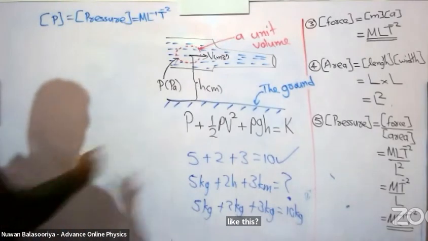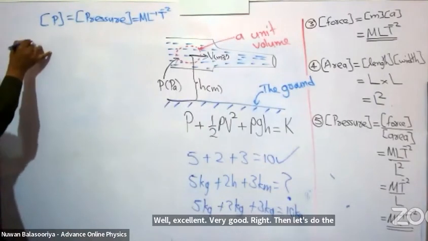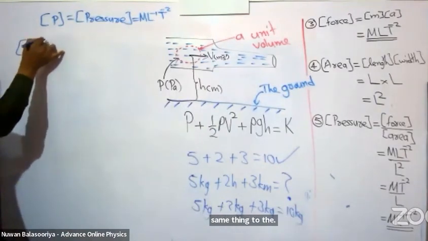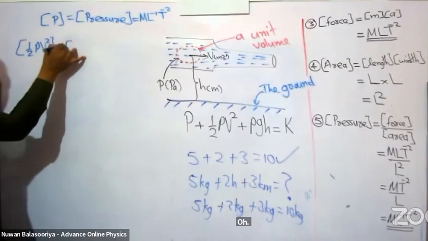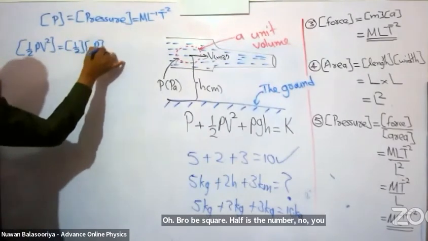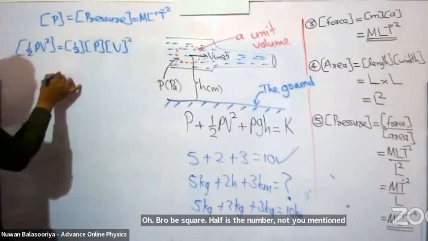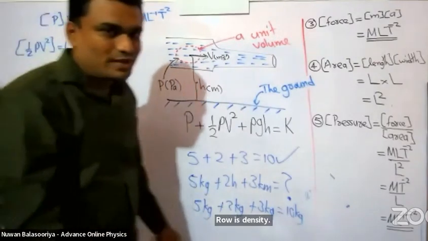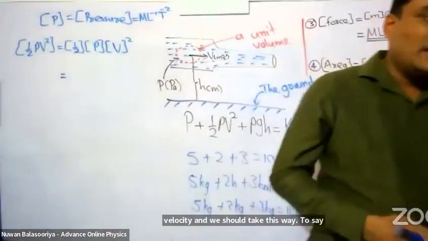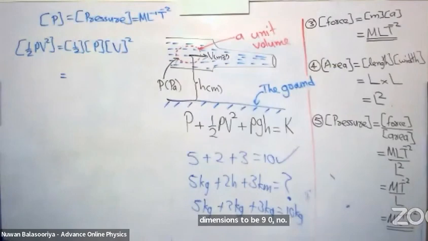Right. Then let's do the same thing to the term half rho v square. Half is a number, no dimensions. Rho is density, we know the dimensions of density. V is the velocity, and we should get the square. To say no dimensions, do we write 0? No. In units and dimension lesson, we don't write 0.